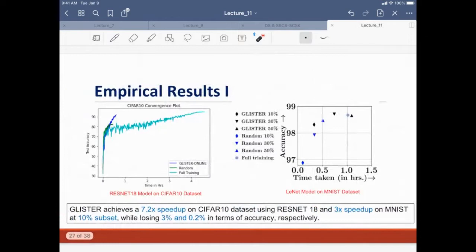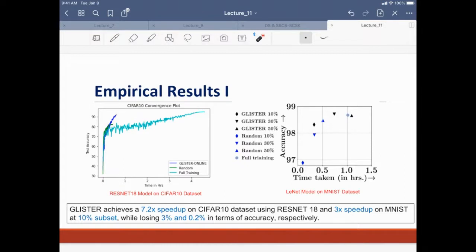In fact, I'll show this. This is a CIFAR10 convergence plot. If you use the full training, it converges in around 4.5 hours to around 94% accuracy. But using Glister, the bi-level optimization approach, we can achieve this in less than an hour.